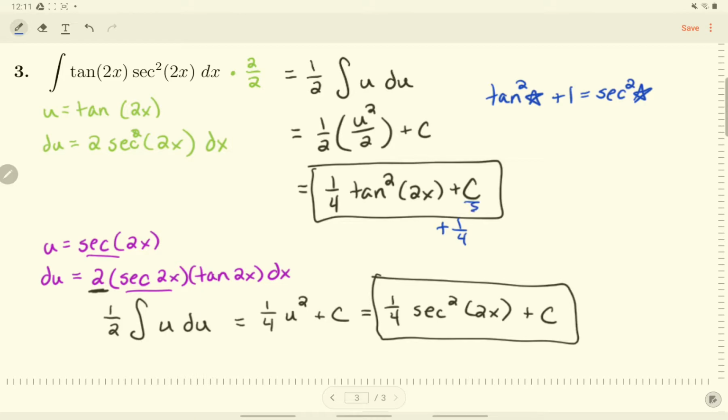And this constant c is varying through all possible constants being added. So when c equals 1/4 in the first one, it matches c equals 0 in the second. When c equals, let's say, 1 in the first one, it matches c equals 5/4 in the second. So these are the exact same family of functions. They are both correct.